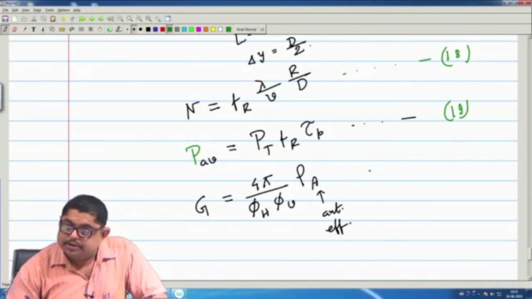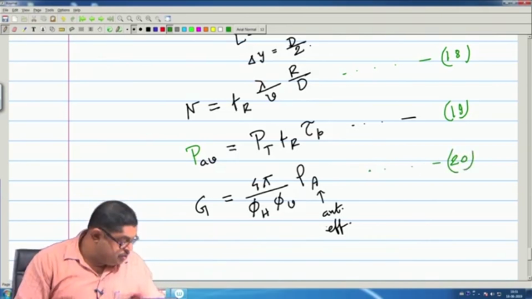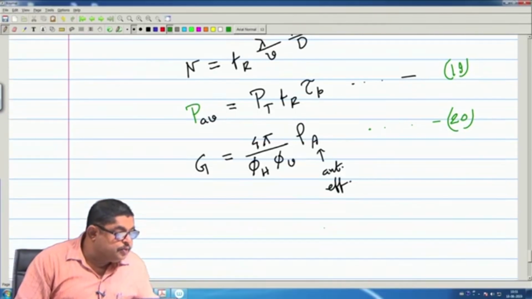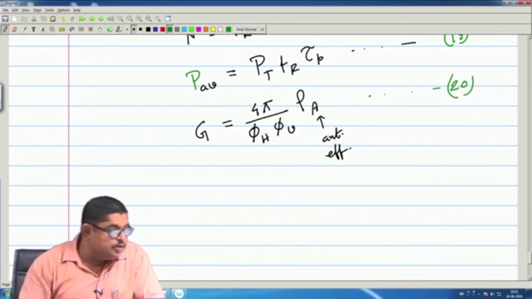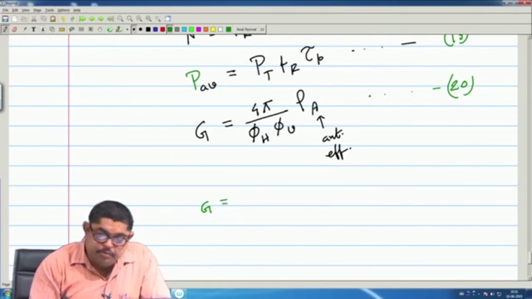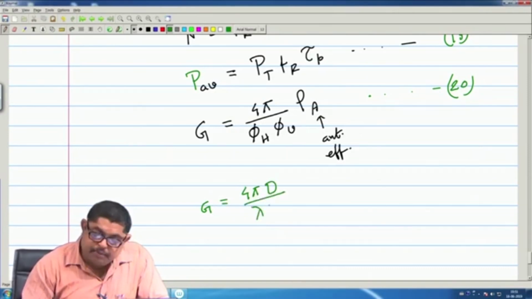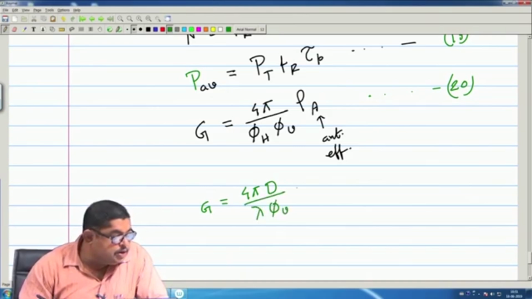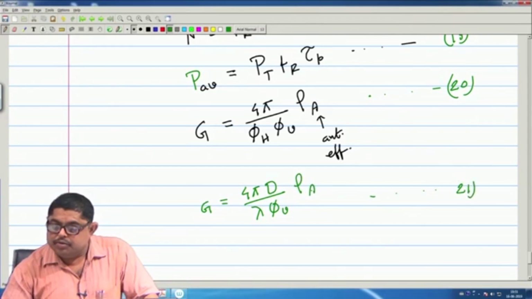This is coming directly from antenna knowledge. So, putting this value of phi h, we can write G will become 4 pi d by lambda phi v rho a, that will make it equation 21.